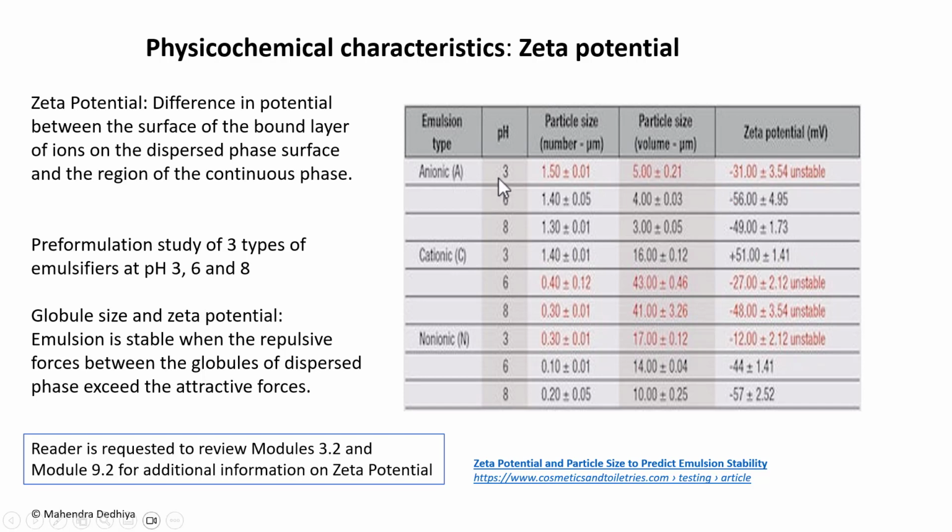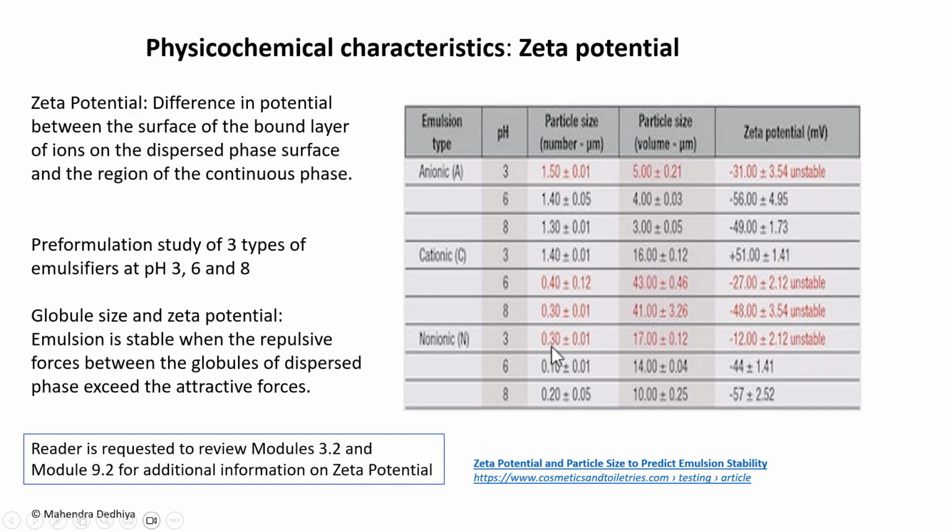In this case, at pH 3, zeta potential shows unstable emulsion. That means it will separate. In cationic, pH 3 shows positive 51 millivolt. That means it's stable. Whereas at pH 6 and 8, although particle size is small, zeta potential shows instability.